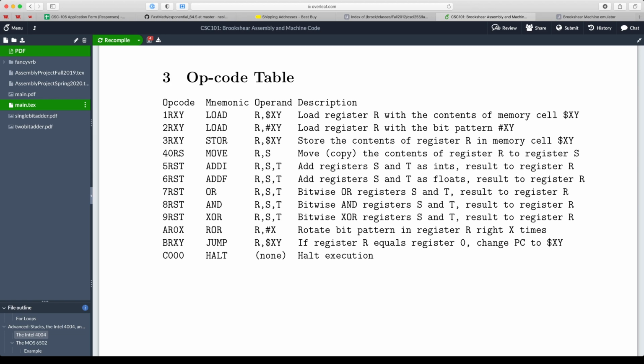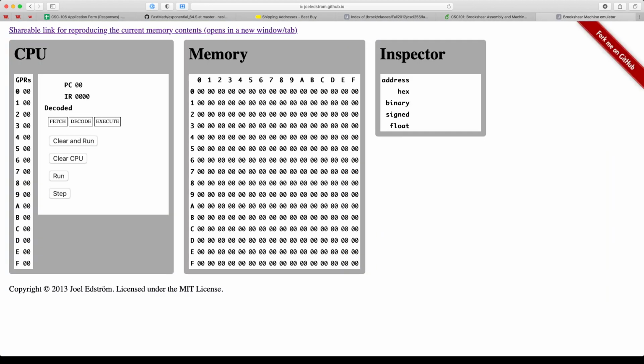All right, so let's start writing some code here. Let's load some data into some registers. Okay, so what opcodes do I have here? 1RXY and 2RXY. So let me just write something.